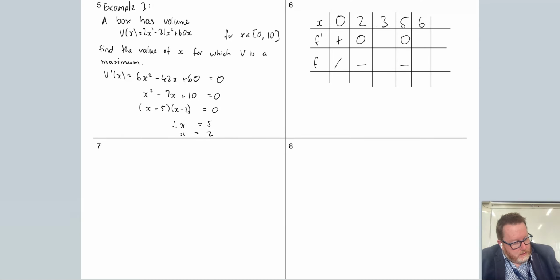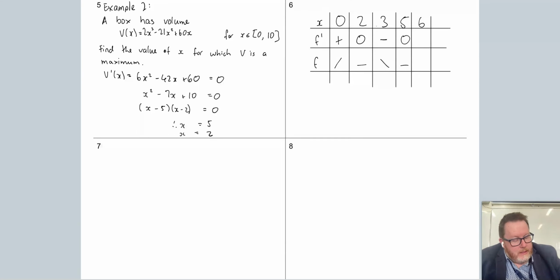Oh, my calculator's being a bit slow. 6 times 3 squared is equal to 54, minus 42 times 3, and I'm going to add 60, and I get negative 12. So that's a negative gradient, which means that the function is going down at that point. So that's good to know.